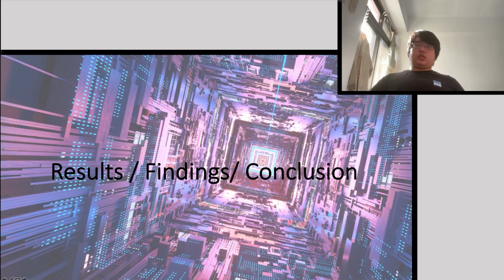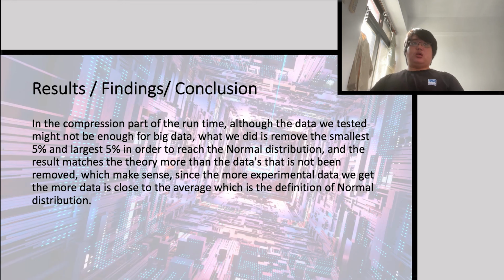So let's go to the last part. I'm going to talk about the results and findings and also some conclusions. In the comparison part of the runtime, although the data we tested might not be enough for big data, what we did is remove the smallest 5% and the largest 5% in order to reach the normal distribution.